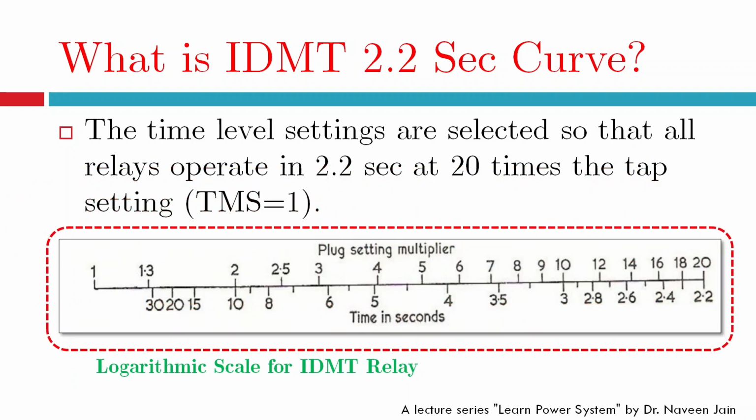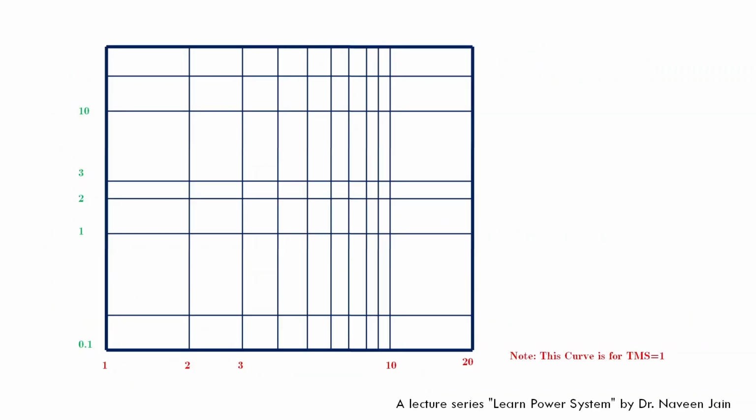So this scale is basically for plug setting multiplier and time in seconds. Please note, this scale is between plug setting multiplier and time in seconds. This scale is a log scale for the IDMT relay.